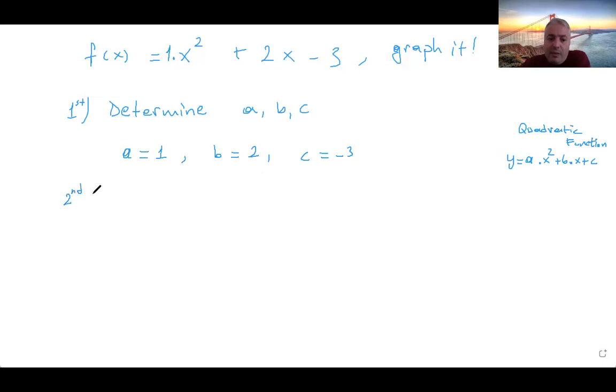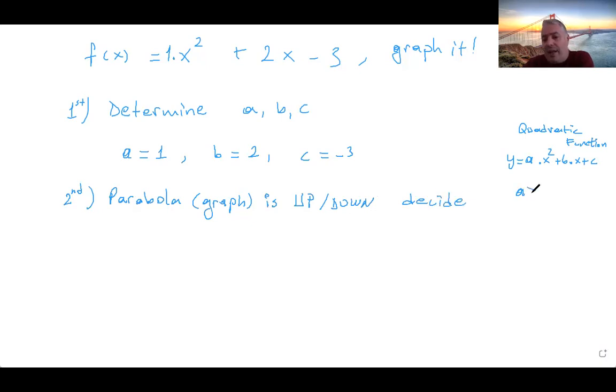Second step, parabola, which is the graph. I mean, the graph of quadratics is a parabola. Parabola is upward or downward. Decide. How can you decide this?